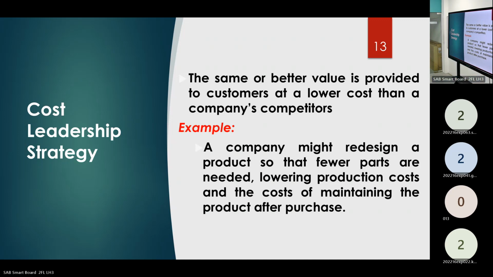Globally, to take China, their main success story, the main strategy as a country is the cost leadership strategy they are using.